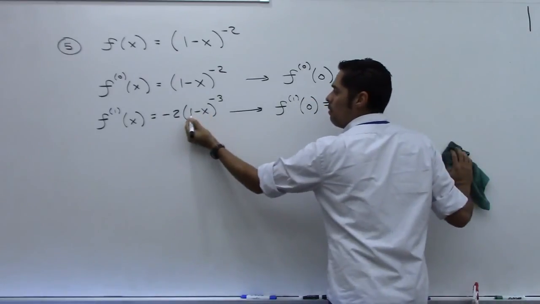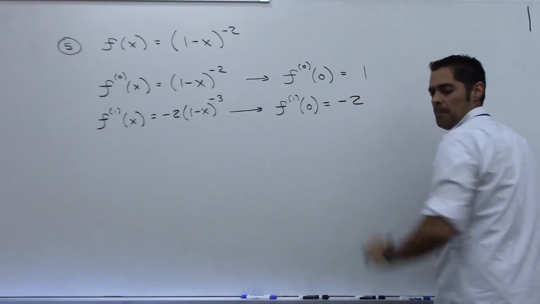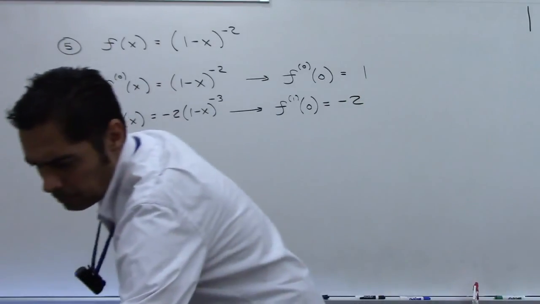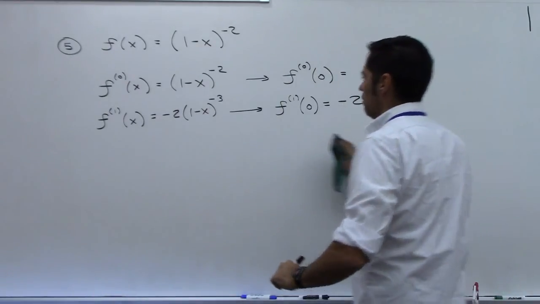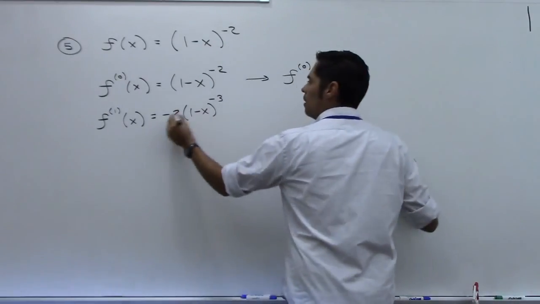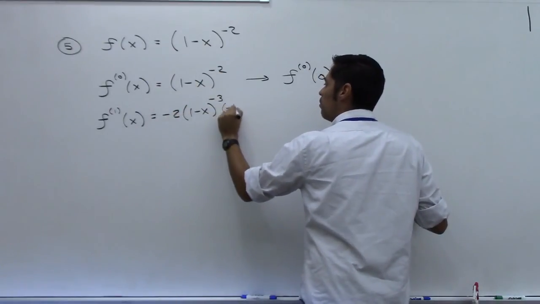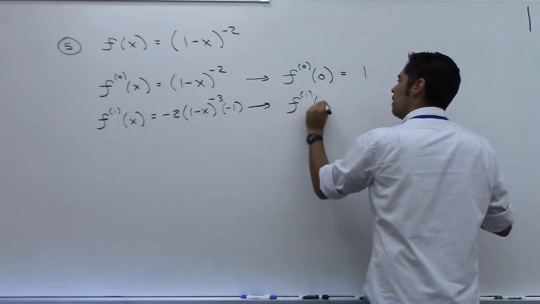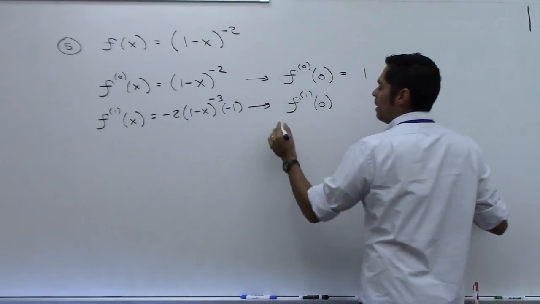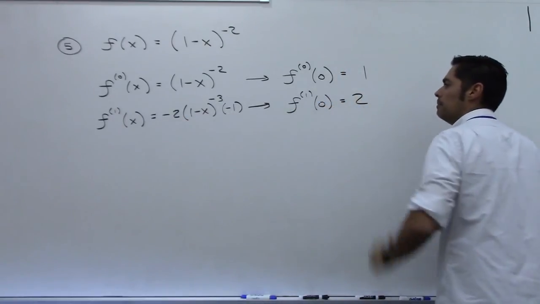Plug in 0, we get 1 to the negative 3, that's still 1, but then times negative 2, so negative 2. You know what, I forgot the chain rule, hold up. Chain rule: negative 2 comes down, derivative of the inside is negative 1. I'm trying to rush through this. So when we plug in 0, the negative and negative become positive, so that's 2.